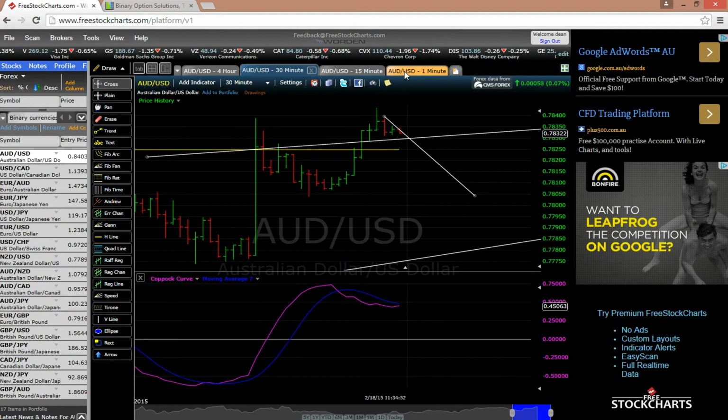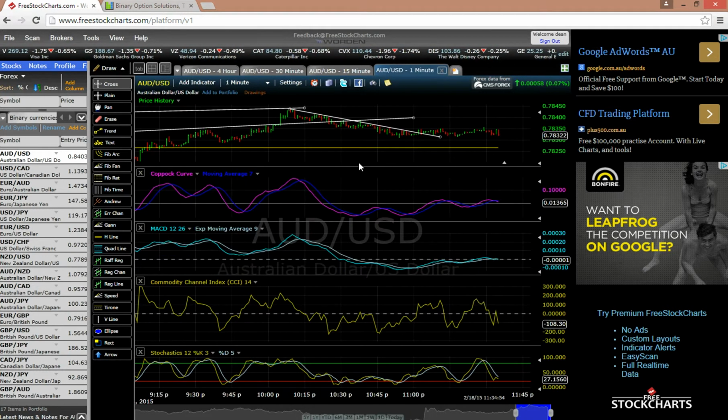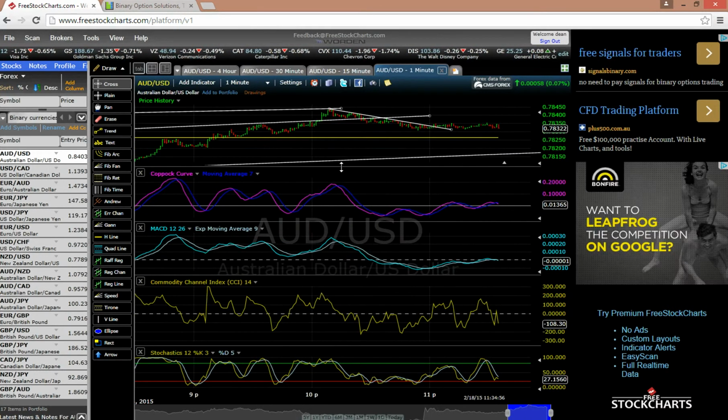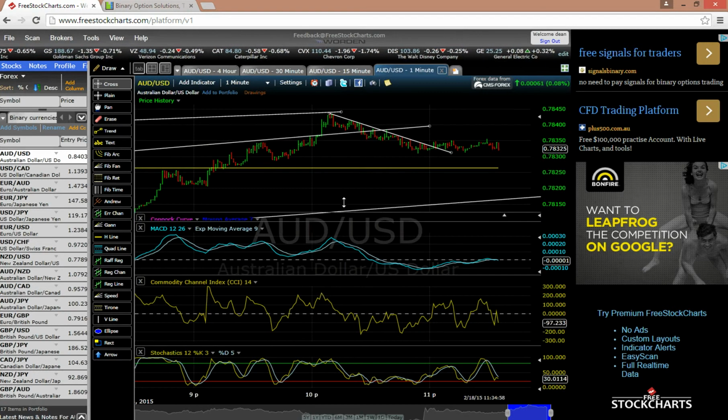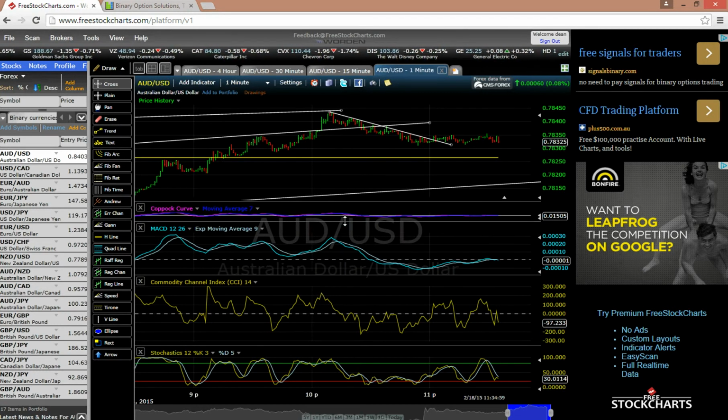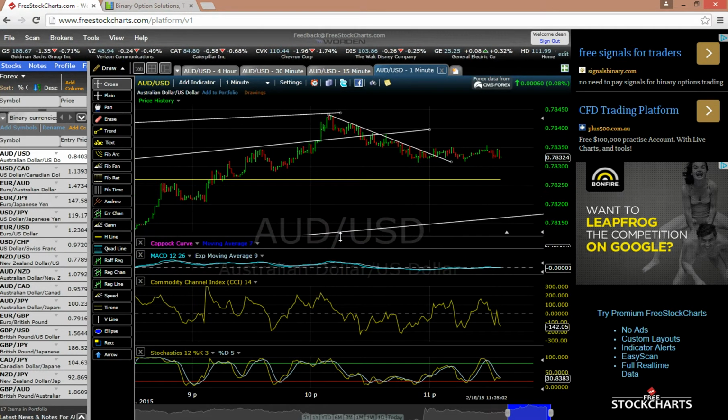Alright, now we're going to get into something intense, guys. This is the 1-minute chart. Let me just make this a little bit bigger. Okay, so we've had a break in our trend line here, and the market's indicated it wants to go in an upwards direction.